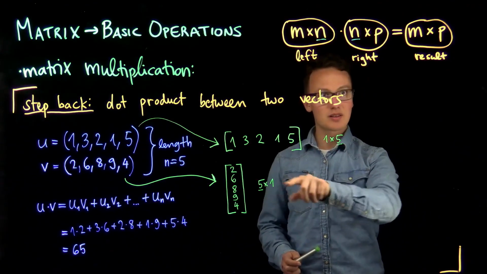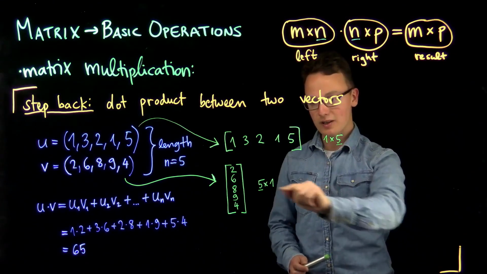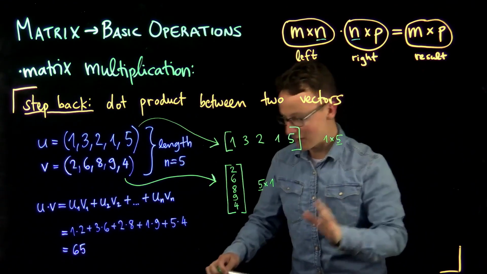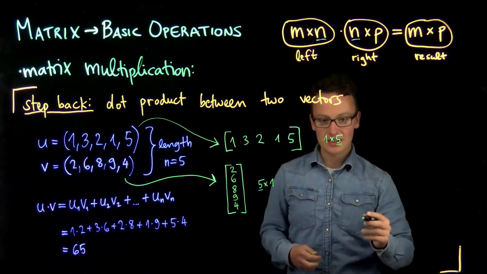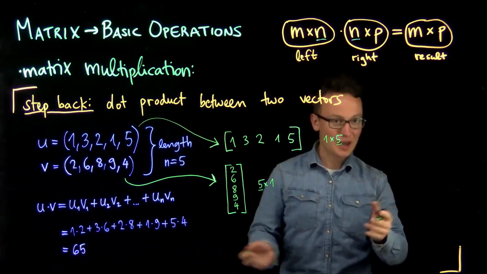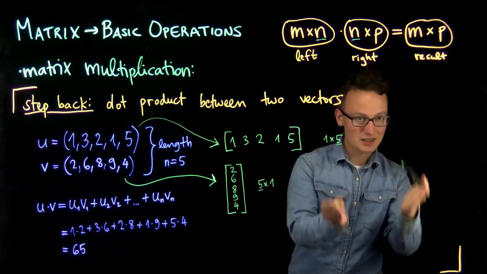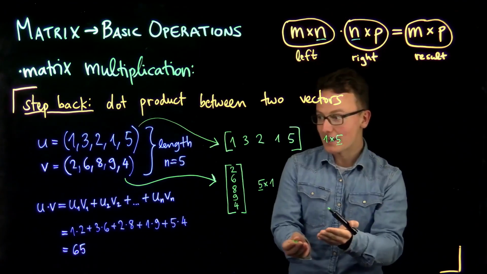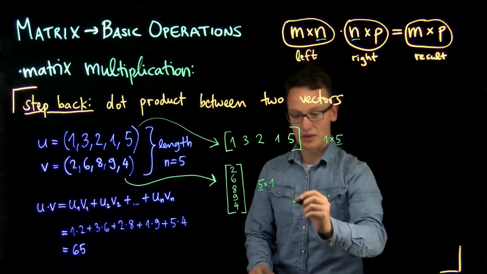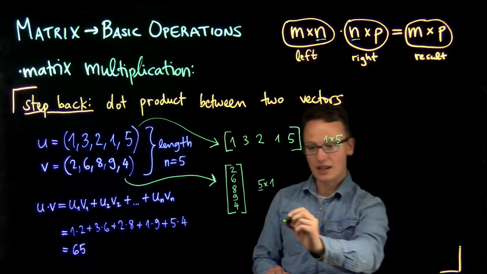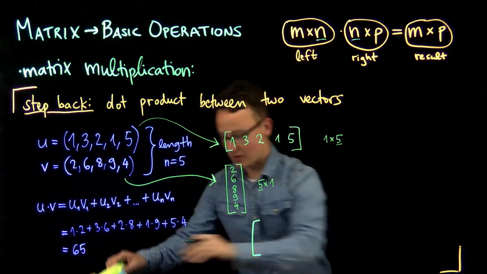And this will give us as a result an m times p matrix, where m is 1 and p is also 1. And now here comes the crucial connection to the dot product, which is that this 1 times 1 matrix I will get by multiplying these together will contain as its single value exactly the dot product of these two vectors, namely 65.